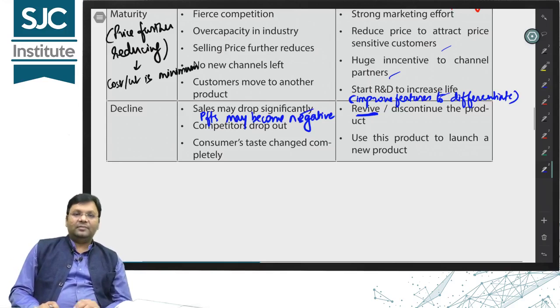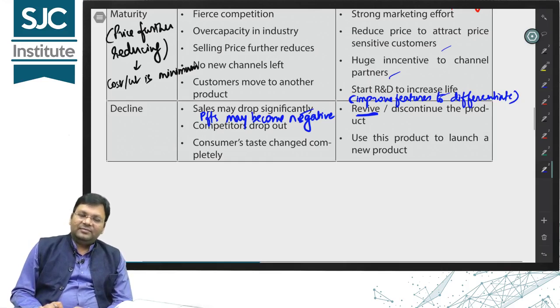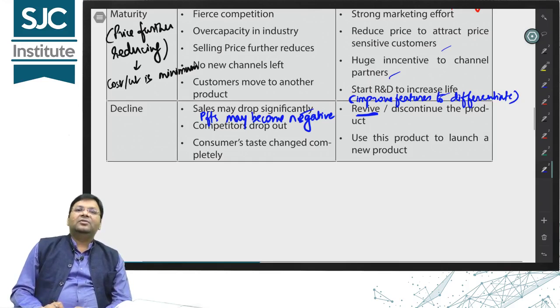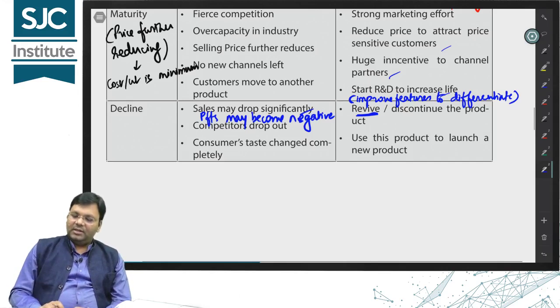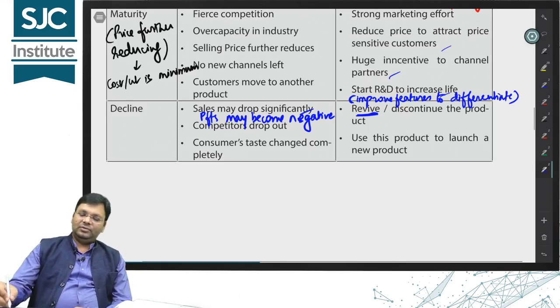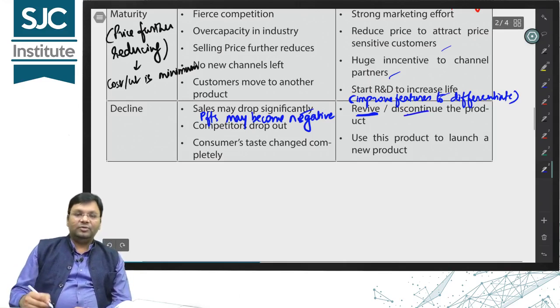Many times car companies have used the revival strategy. Any old model which has already declined and gone out of the market, they keep the same model name and use it to revive the market for their product. Or they may just discontinue it.